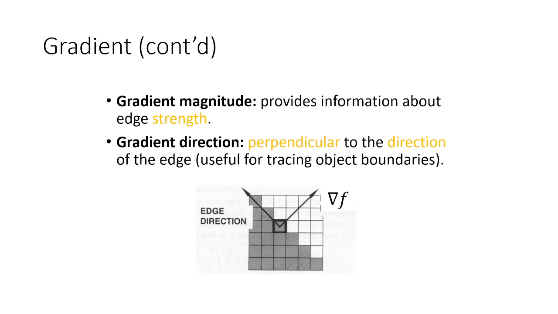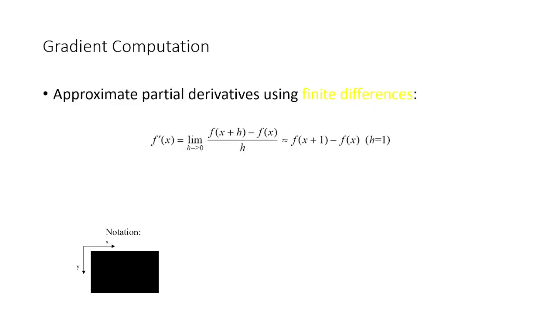This is how the gradient is calculated for any image computation. There are partial derivatives using finite differences for any notation of x and y. With respect to this, it will calculate new dimension values.